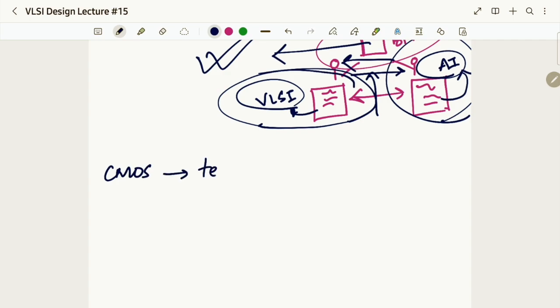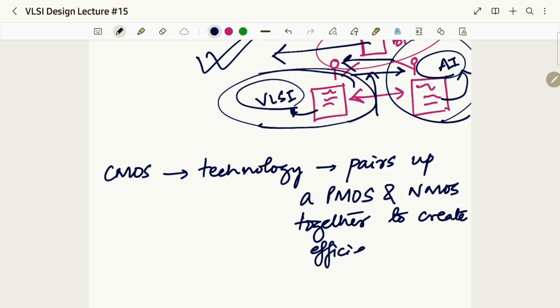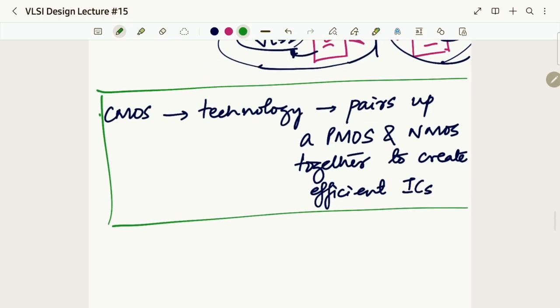So CMOS is a technology that pairs up a PMOS and an NMOS together to create efficient ICs. Okay, it pairs up PMOS and NMOS together to create ICs.